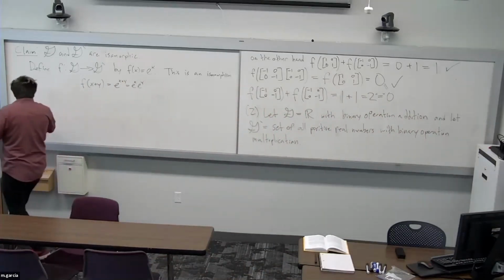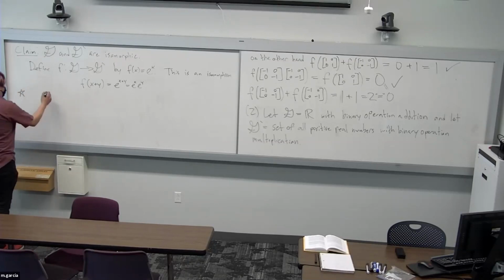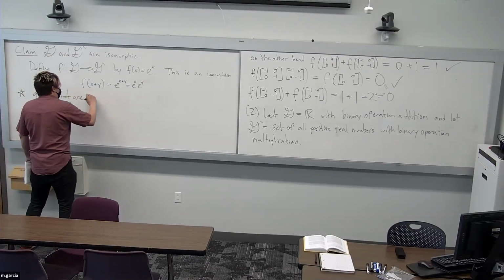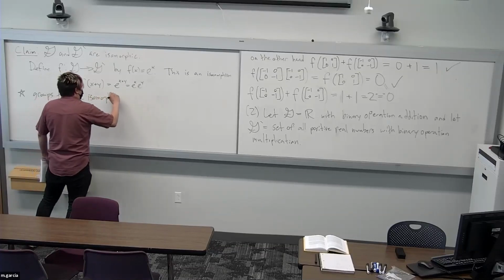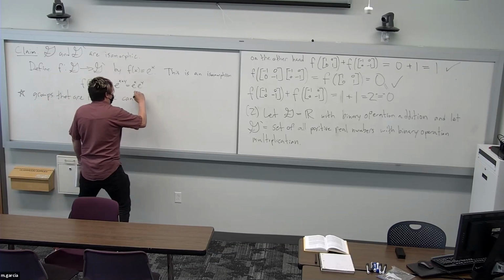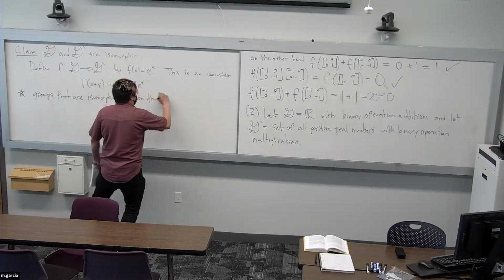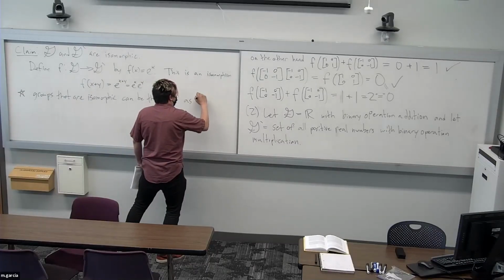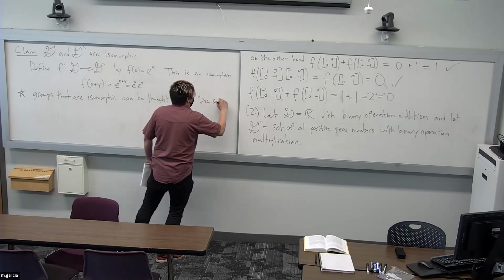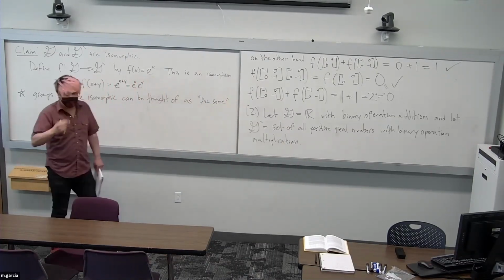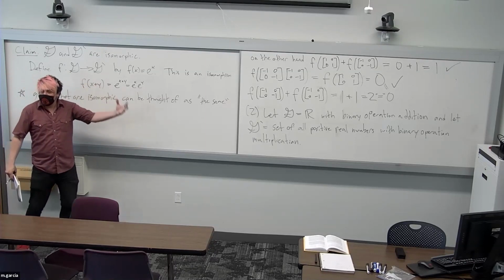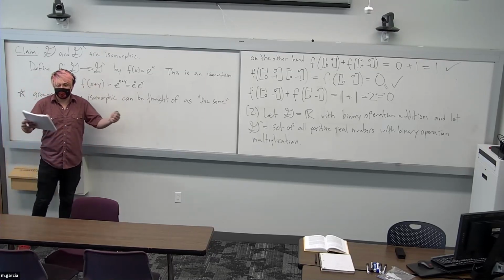In fact, I want to just write that down. Groups that are isomorphic can be thought of as the same. That is, they have the same Cayley table and the same set of subgroups. They behave exactly in the same way.